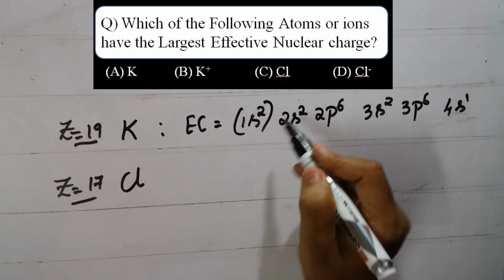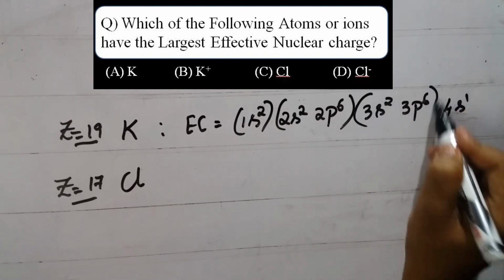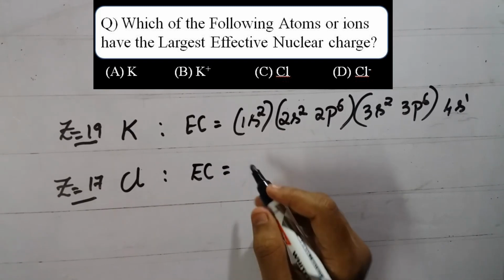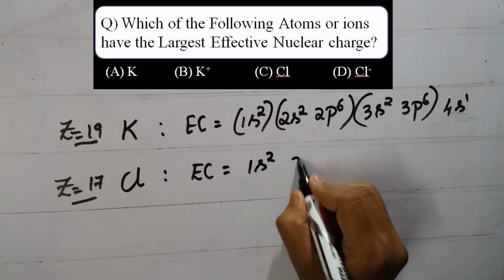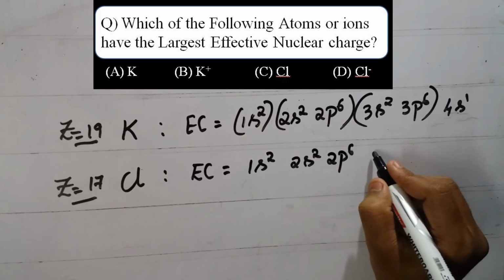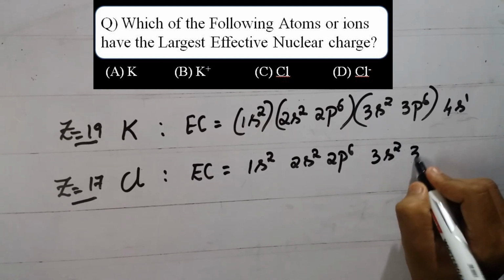Let me group these orbitals. Now the electronic configuration of chlorine is 1s2, 2s2, 2p6, 3s2 and 3p5.